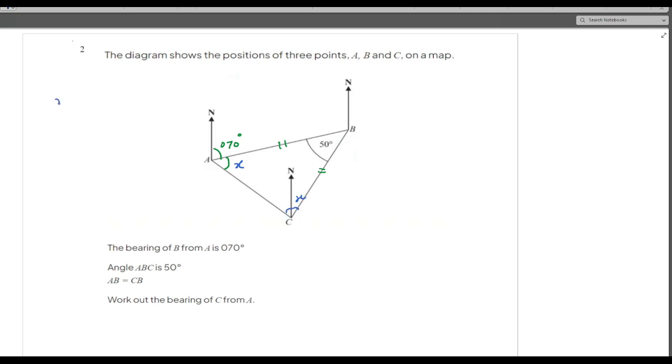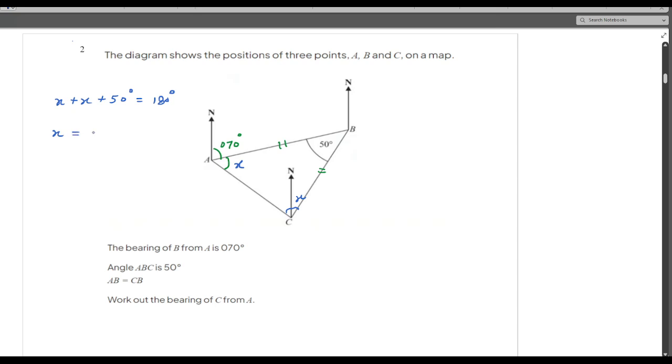And therefore I can say that x plus x plus 50 will be equal to 180 degrees. And this gives me the value of x as (180 minus 50) divided by 2, because x plus x is 2x and the value of 2x is 180 minus 50. So x will be half of that. So here your x is 65 degrees.